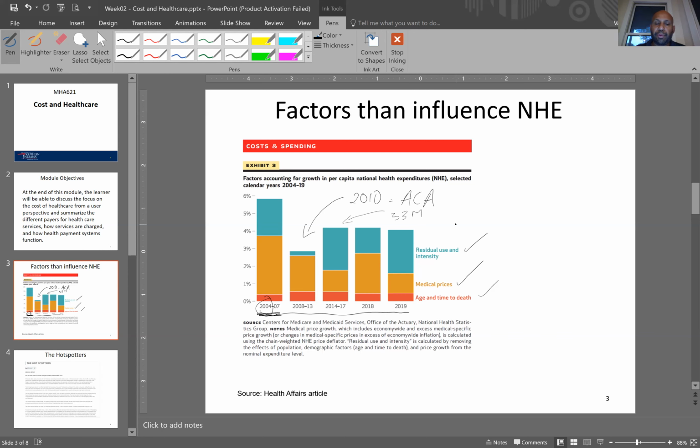The purpose in going over this is to demonstrate that when we talk about the cost of healthcare from a macro perspective, there are influences in terms of the care. I use the Affordable Care Act as an example.